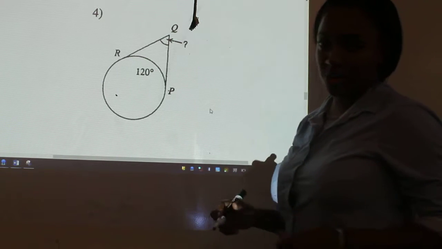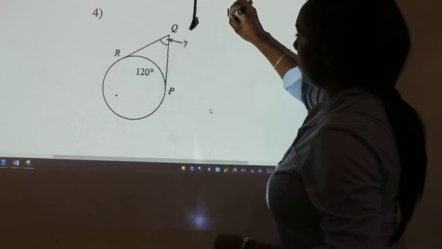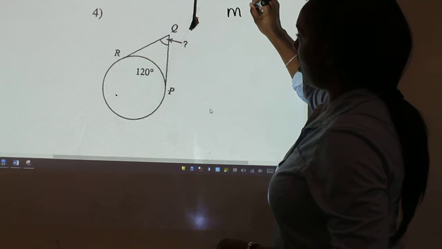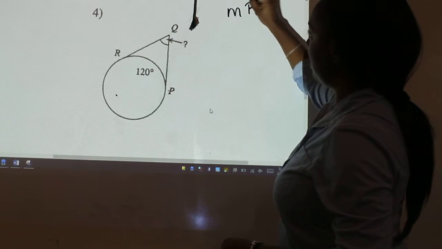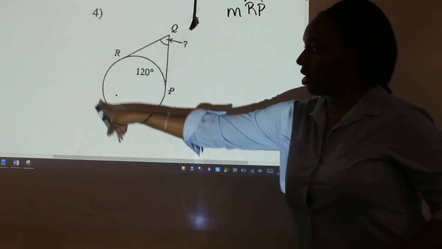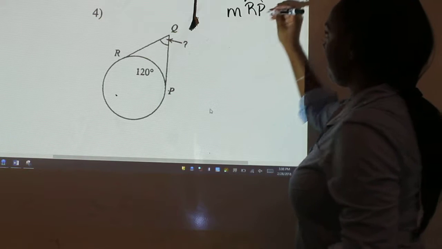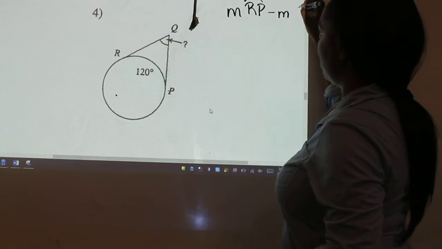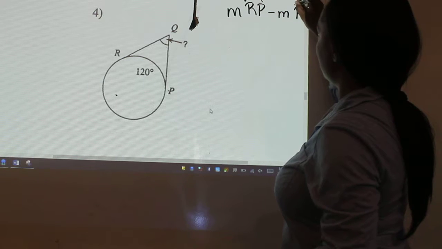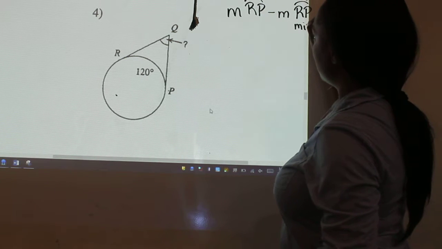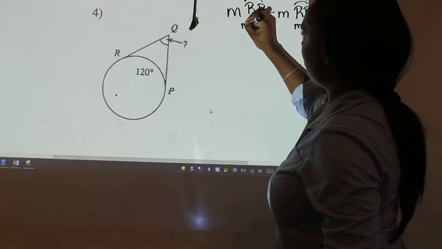So the formula that we're using is the measurement of the arc R to P, this major arc out here, minus the measurement of the inner arc, RP. This is the minor, this is the major.